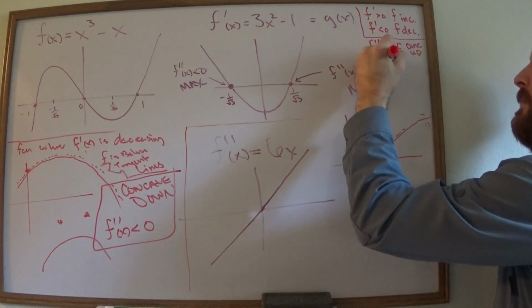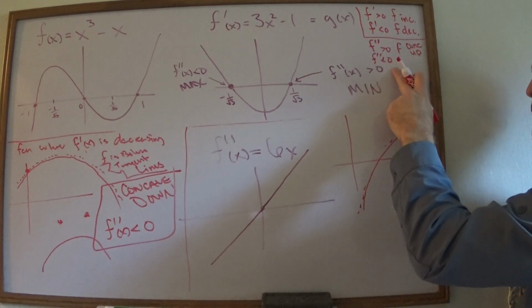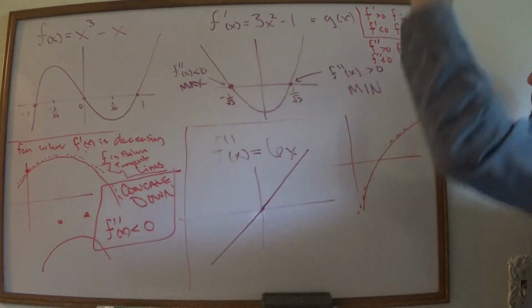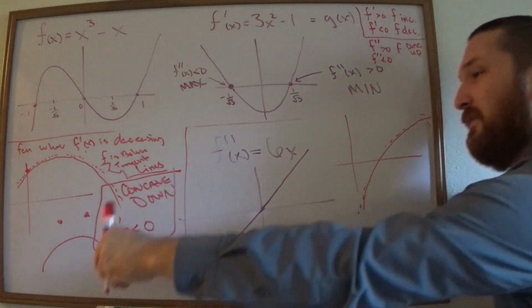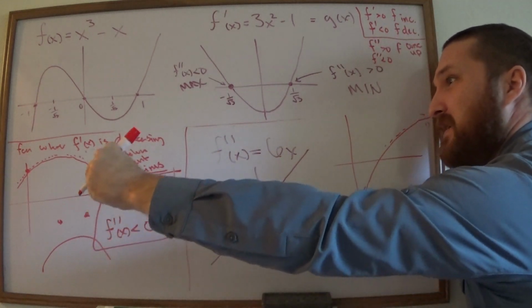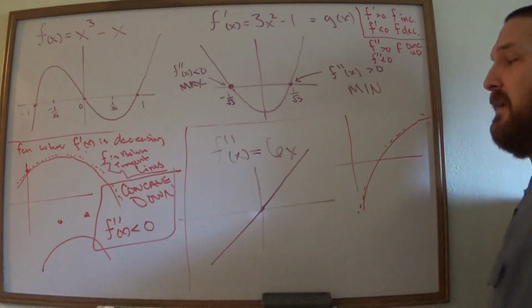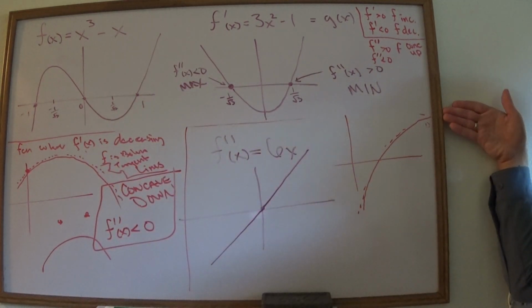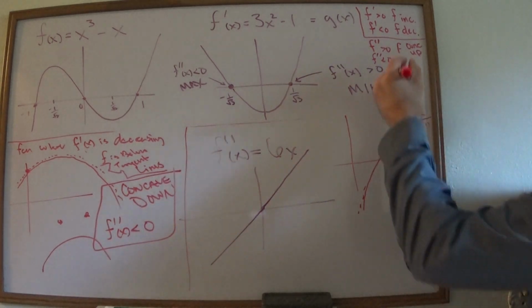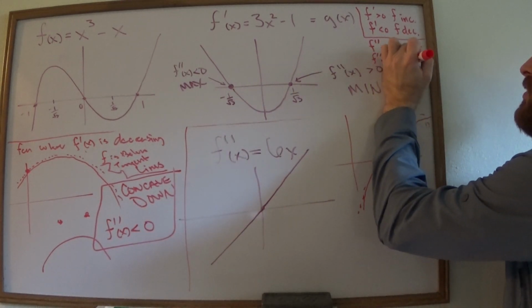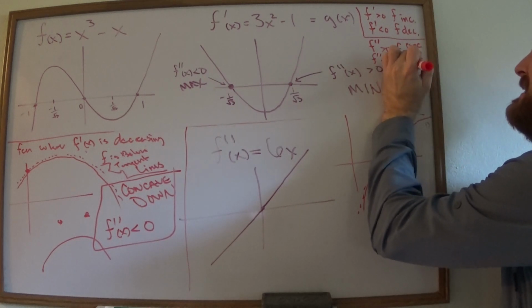F double prime negative means that f prime is decreasing. If f prime, being the slope of something, is decreasing, then you're going to trace out a frown or a half frown. But there you go. F is concave down.